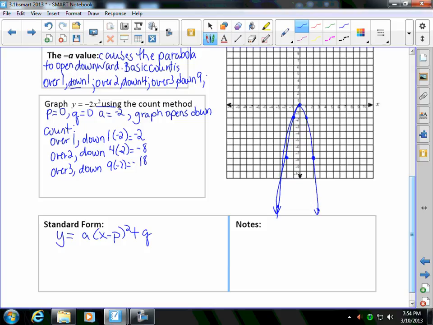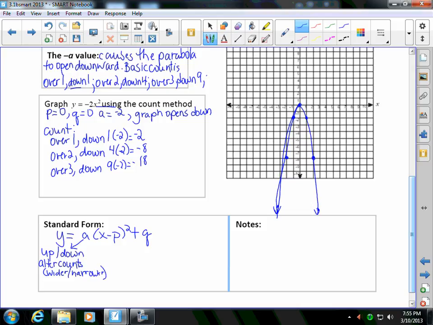What we know is that the a will tell us if the graph is going up or down. It's going to alter the counts, which means it's going to make it wider or narrower.